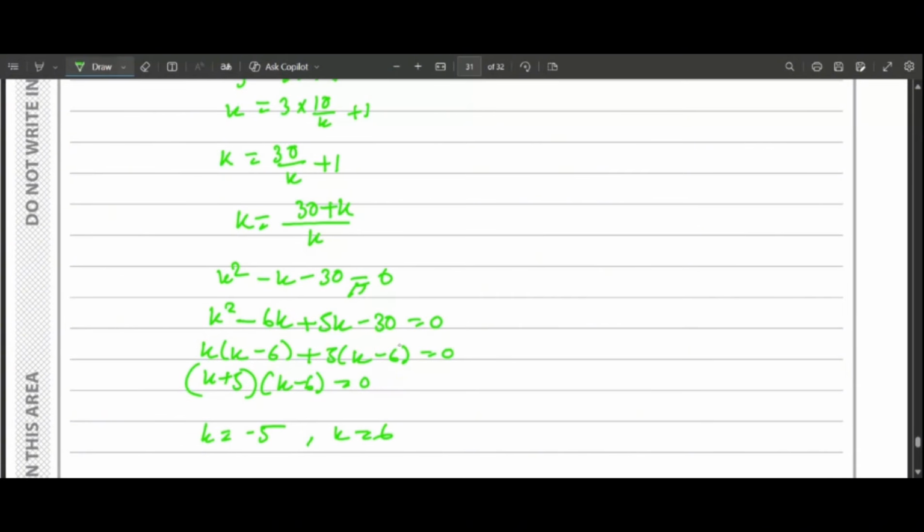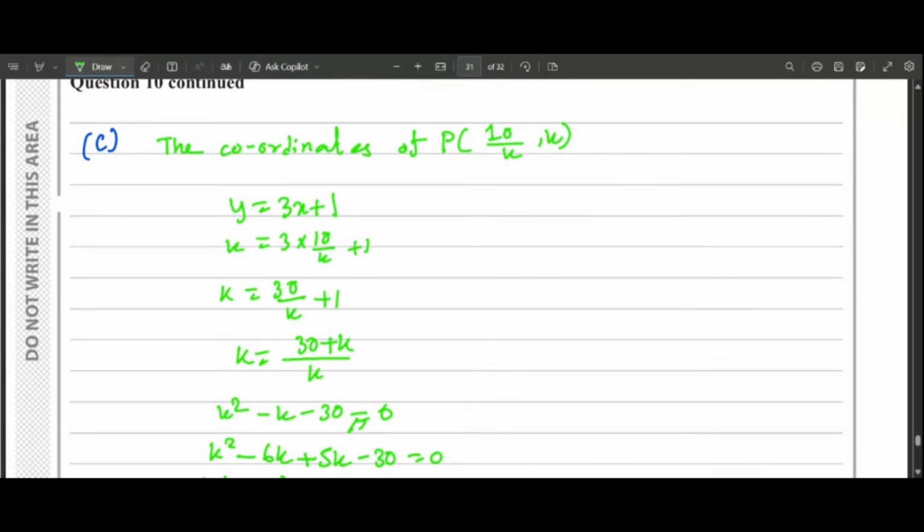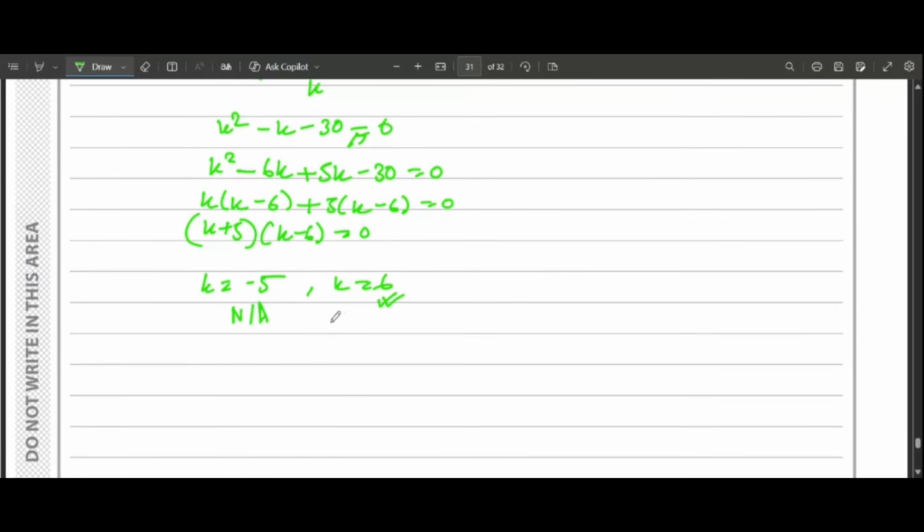These are the two values. We already know that k is not equal to 5, and from here we understand that k equals 6 is the maximum value of k. It is the point at which our value of k will be maximum.